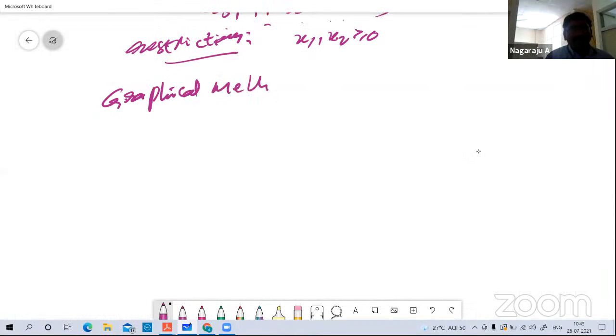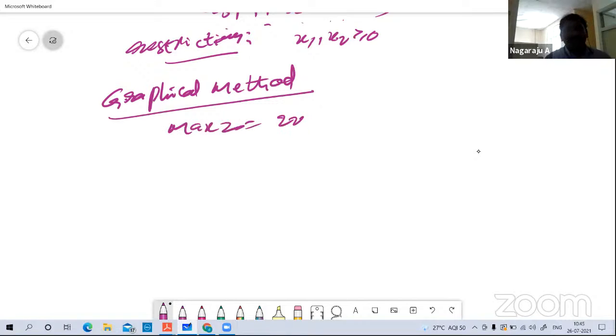I will take one example and explain from that. Here, maximization z equal to 2x1 plus 3x2 I am taking, subject to the constraints, STC.